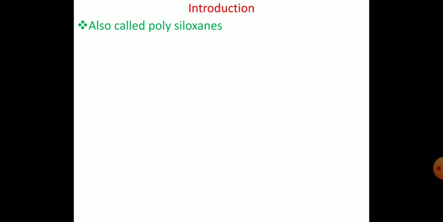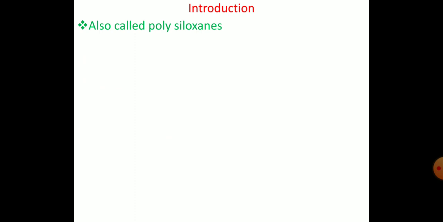Dear students, do you know the meaning of the term poly? The meaning of the term poly is many. And siloxanes, look at the word clearly. If we separate and see, we can say sil-oxanes. Here the term sil, S-I-L, represents silicon, and oxane represents oxygen.